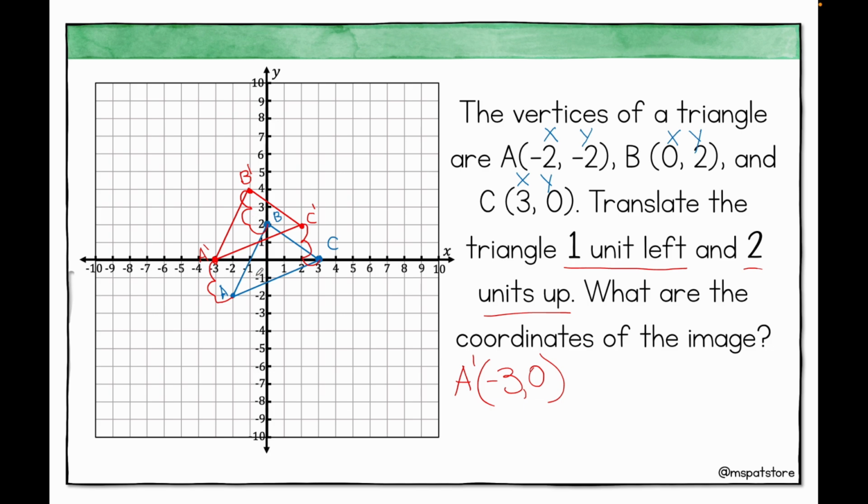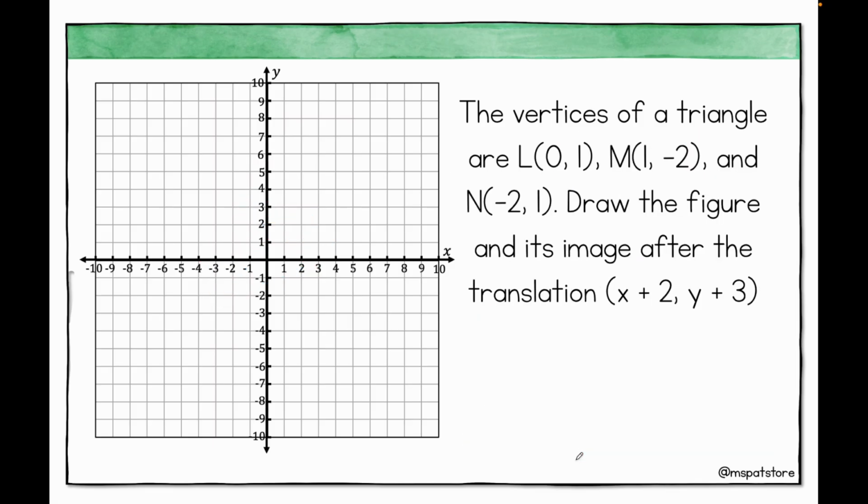B prime is located in negative 1 in the x-axis and positive 4 in the y-axis. B prime, negative 1, comma positive 4. How about C prime? C prime is located in positive 2 in the x-axis and positive 2 in the y-axis. That's how you do this type of exercise.